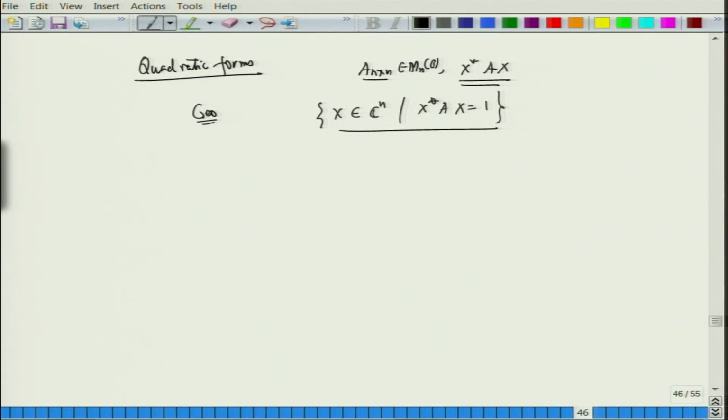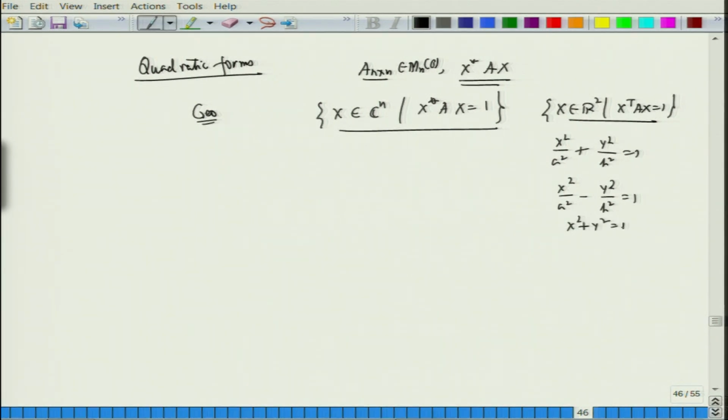We have been doing it in school, with x belonging to R2, so that x transpose Ax, for certain choices of A, is for example x square by A square plus y square by B square is 1. I could also have x square by A square minus y square by B square is 1. Or x square plus y square is equal to 1.